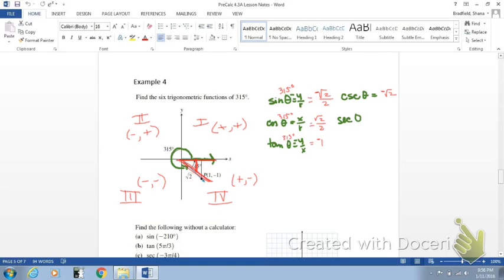And then secant theta is going to be the same, except this time it's going to be square root of 2, but it's going to be positive this time because our x's are positive. And cotangent of theta, that's the reciprocal. Again, we still have a negative y in there, so we're going to have negative 1 for our answer. And those are all now for 315 instead of 45. But how they're related is the fact that the reference angle was the 45-degree angle.